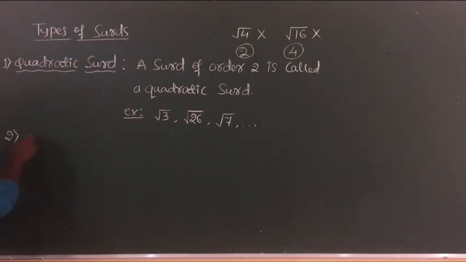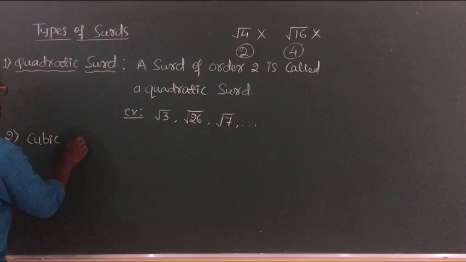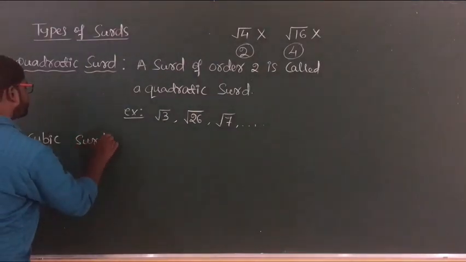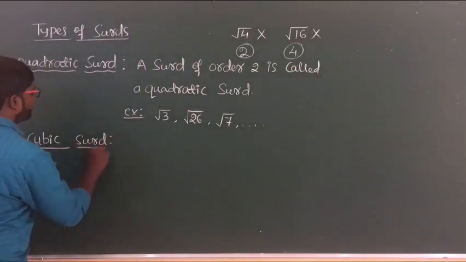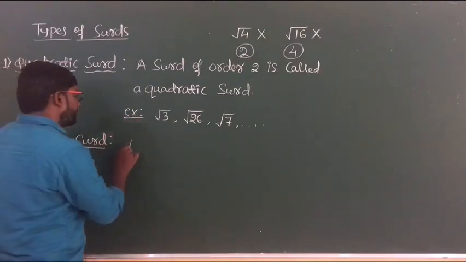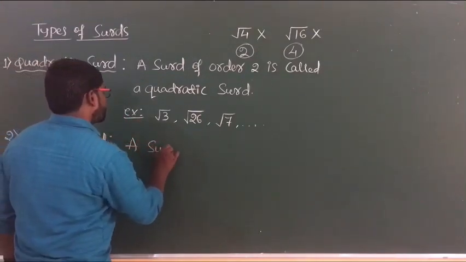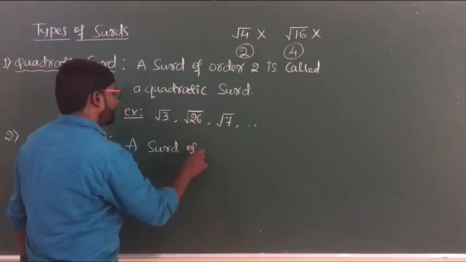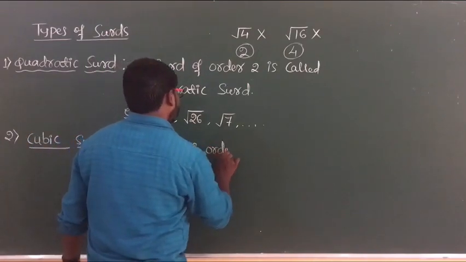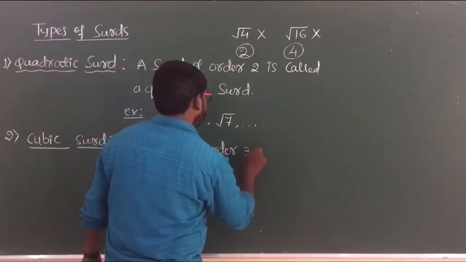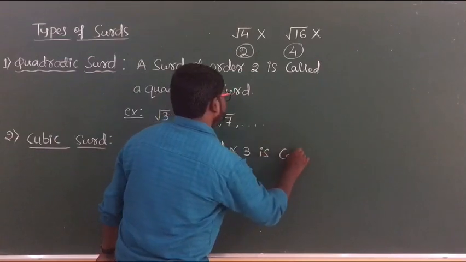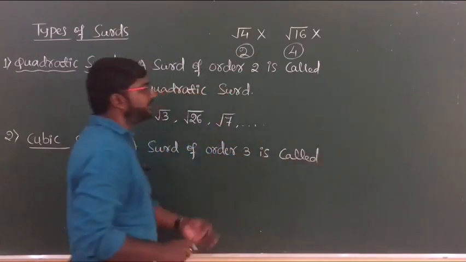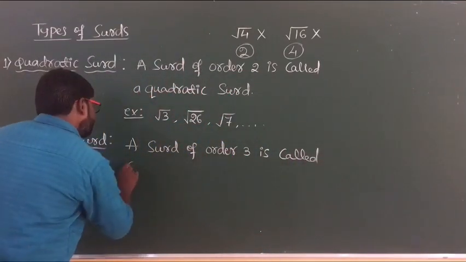The second type is cubic surd. A surd of order 3 is called a cubic surd.